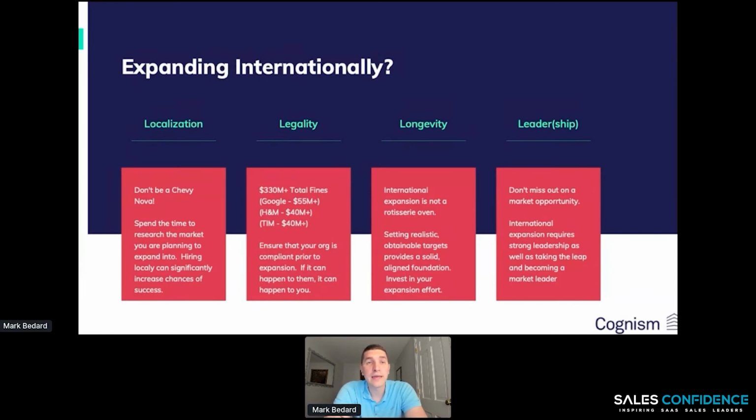UK folks really respond well to ROI studies and understanding what kind of return is actually going to be coming from the solution that they're going to be investing in. So when we have our UK sellers, and certainly Cognism does this very well, the conversation is heavily around ROI and what our customers will be expecting when signing on to the solution.